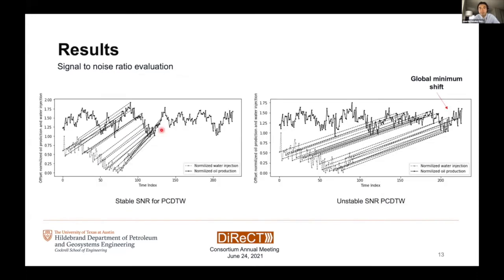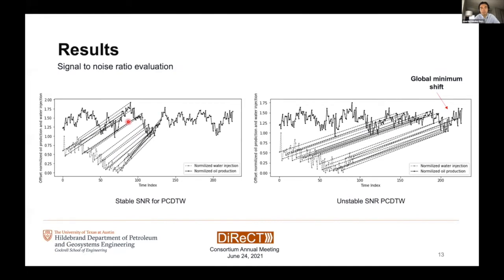And this is the optimal alignment between the two time sequences, for the unstable and the stable cases. When it's unstable, it's going to match a subsequence that is a suboptimal result of the warping path. And in the stable case, it also finds a similar pattern as the noise-free case.